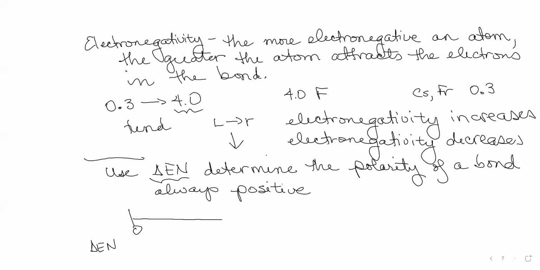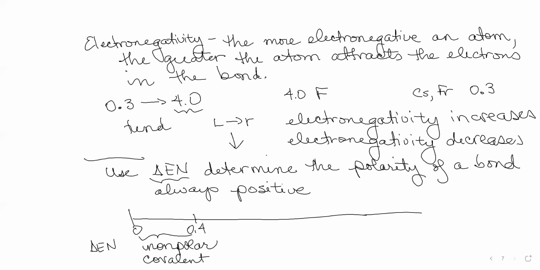so from 0 to 0.4, these are non-polar covalent bonds. Okay. When you're greater than 0.4 to 2.0, these are polar covalent bonds.